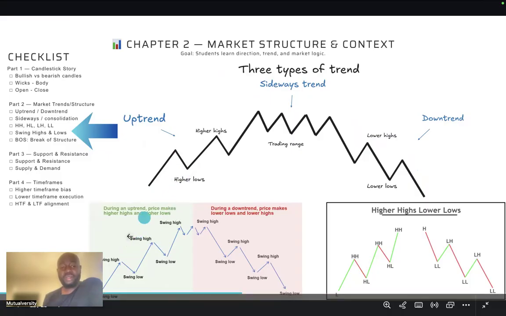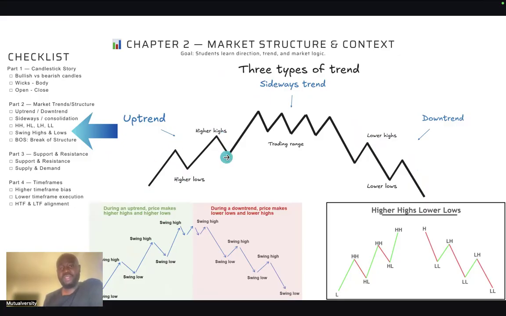They can also be called swing highs and swing lows. But the most important thing for you to identify is the higher highs and higher lows for an uptrend, and lower lows and lower highs for a downtrend.